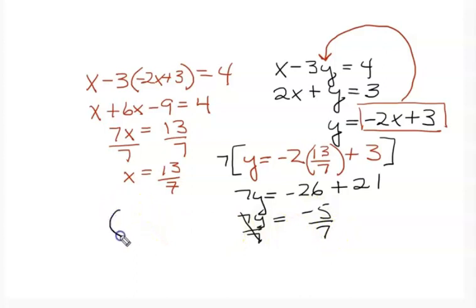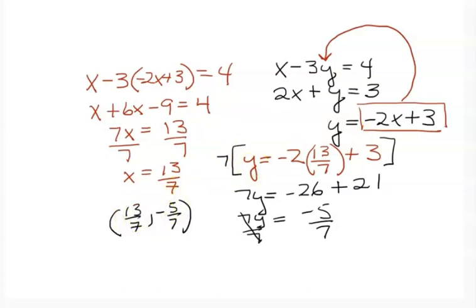So my ordered pair is 13/7 and a negative 5/7 using algebra, because I wasn't able to pick these out of the graph. This is very, very difficult.